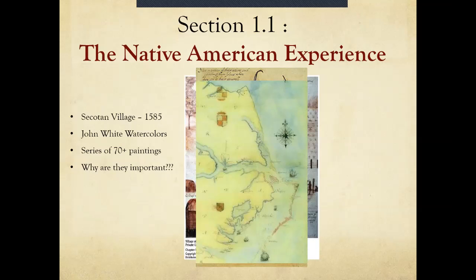Now, John White, the community ends up having a devastating outcome. As he was governor of the area in 1585, he actually leaves the Roanoke settlement in 1587 to go back to England to get more supplies.